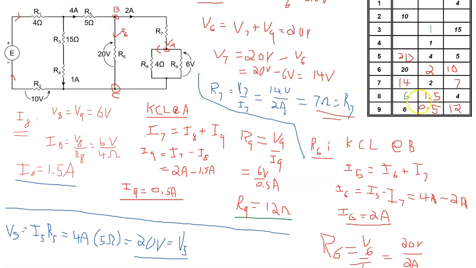And you note that a lot of this can be done from the VIR chart, because you have your 4 and 5 here. The product of those gives you the 20 volts, right?